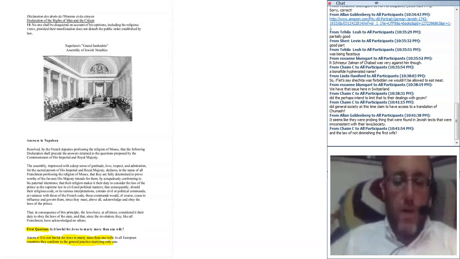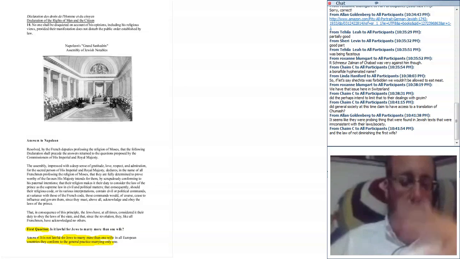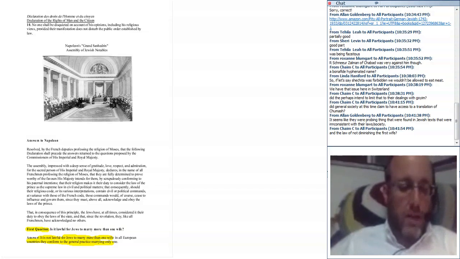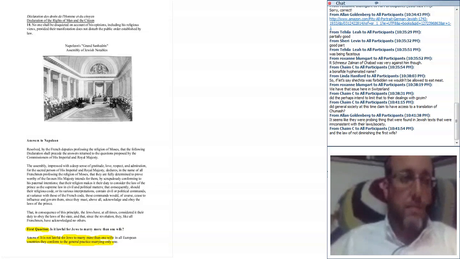So the answer is as follows: it's not lawful for Jews to marry more than one wife. In all European countries, they conform to the general practice of marrying only one. So technically speaking, it's not unlawful for Jews to have more than one wife. In reality, Jews did not have more than one wife.